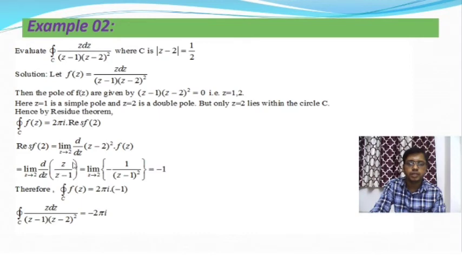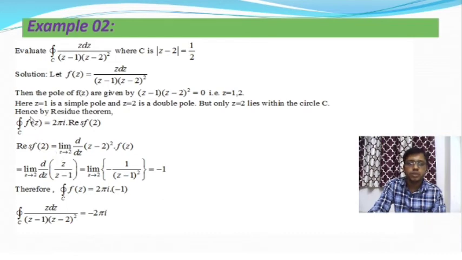This gives limit z tends to 2 of the first order derivative of z by (z minus 1), and after differentiation it will give minus 1 by (z minus 1) whole square, where limit z tends to 2. Now we put z is equal to 2 in this, and it will give minus 1. So the residue at z is equal to 2 for the function f of z is minus 1.